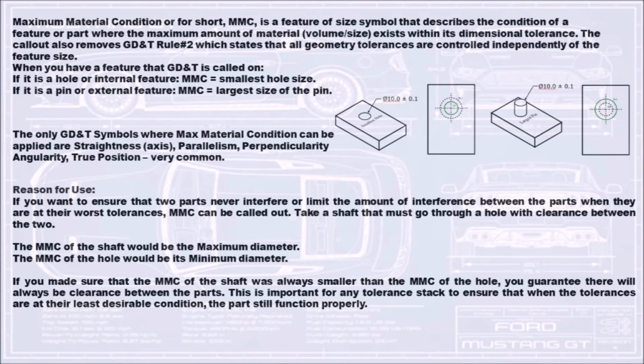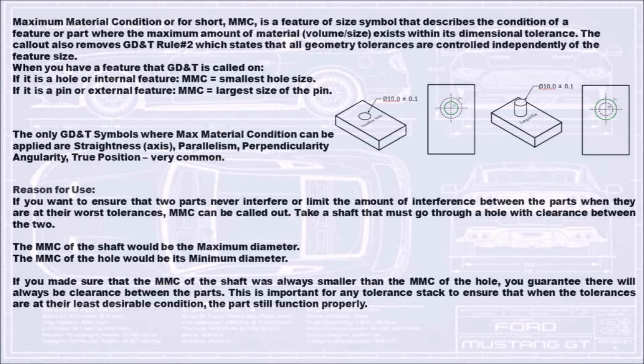Reason for use. If you want to ensure that two parts never interfere or limit the amount of interference between the parts when they are at their worst tolerances, MMC can be called out. Take a shaft that must go through a hole with clearance between the two. The MMC of the shaft would be the maximum diameter.